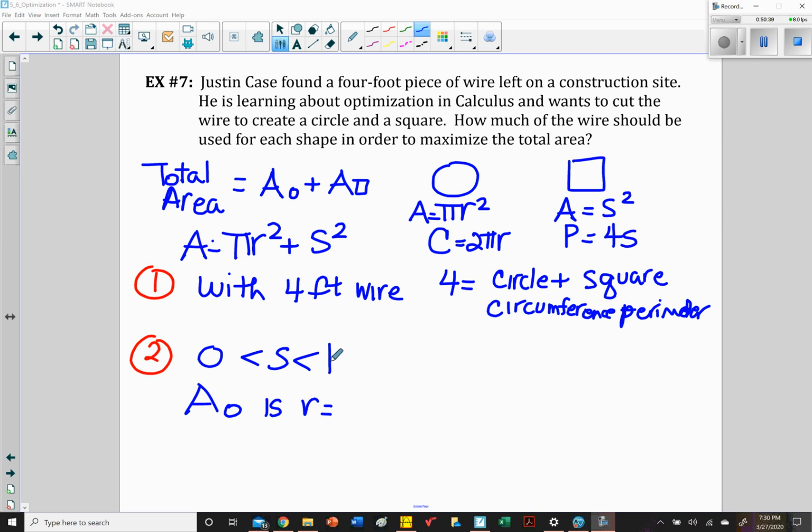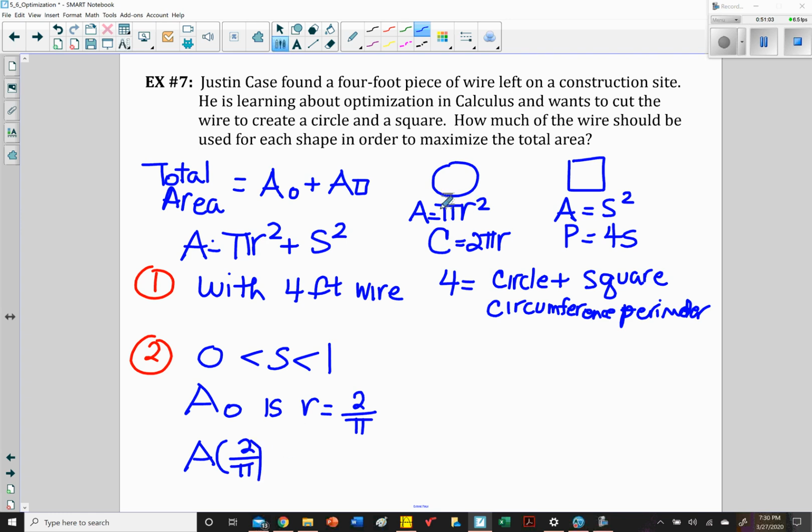So that's why our side has to be somewhere between 0 and 1. And the area of the circle would be, what, r is 2 over pi. The radius would be 2 over pi.